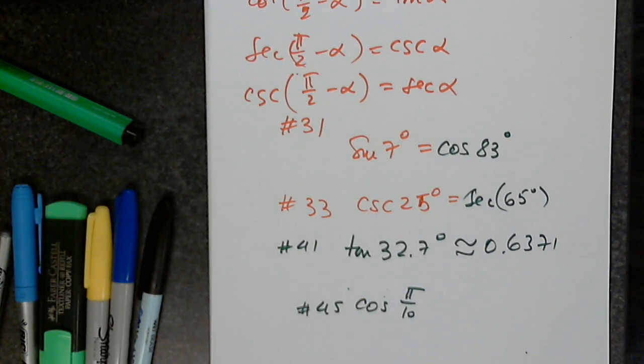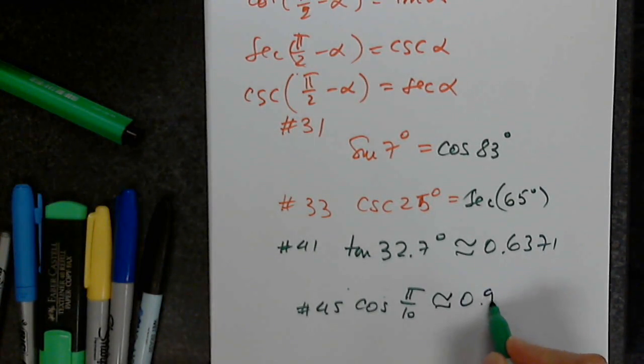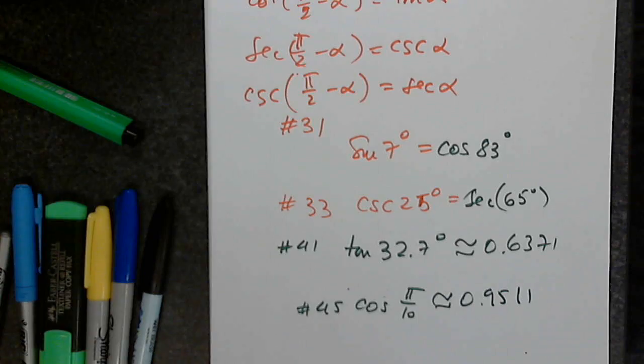Now for cosine pi over 10, I have to go back to the mode and change it to radian. Click enter. And then I have cosine. I have to put pi, here's pi right here, and divide by 10, and then close the parentheses and press enter. So the answer is 0.9511, approximately 0.9511.